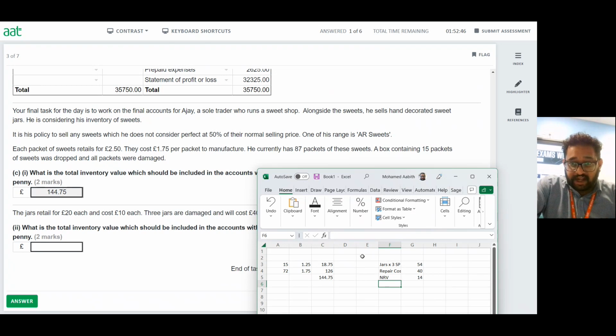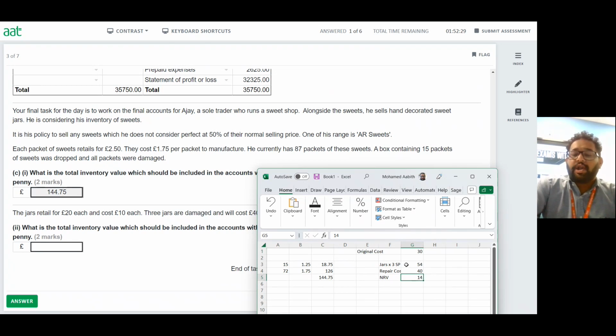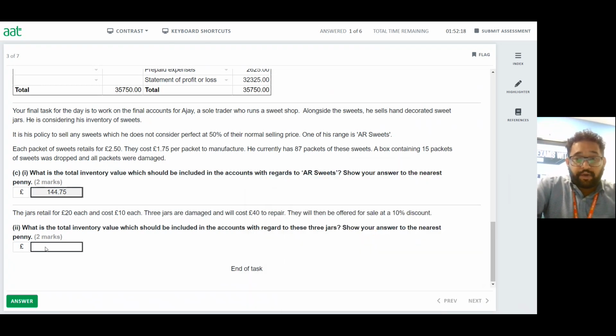My original cost is £30, because each jar cost me £10, so 10 multiplied by 3 is 30. But the net realizable value in this scenario is going to be £14. Which is the lowest, original cost or the net realizable value? Net realizable value, £14. They want the answer to the nearest penny, so I'm going to say £14.00. This is the inventory value we have to account for these three jars.